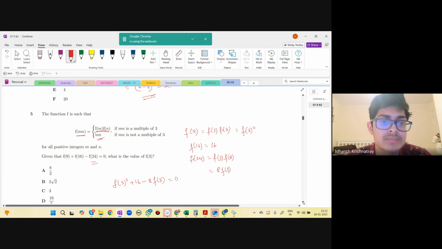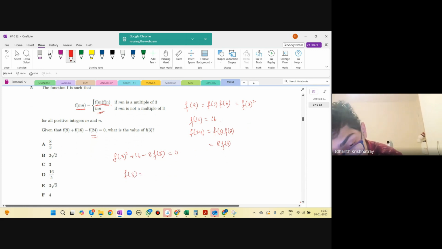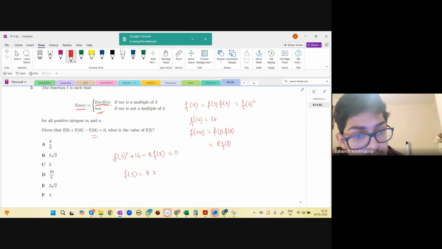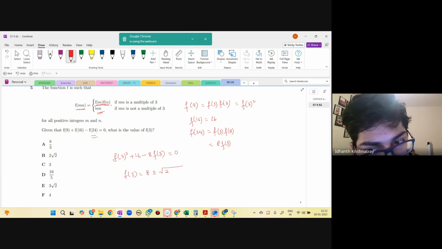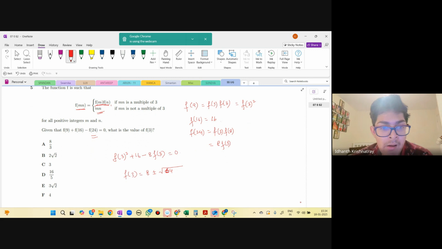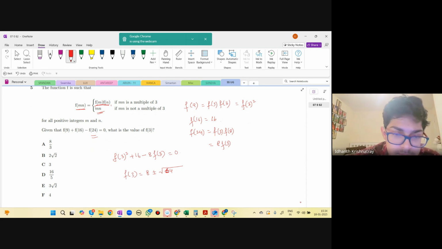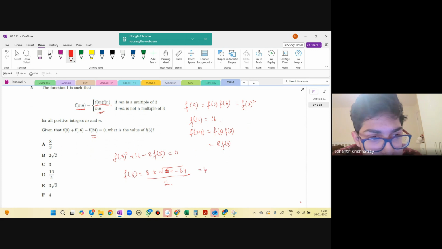So this is a quadratic in f3. So f3 will be 8 plus minus root of 64 minus 64 by 2, which is 4.